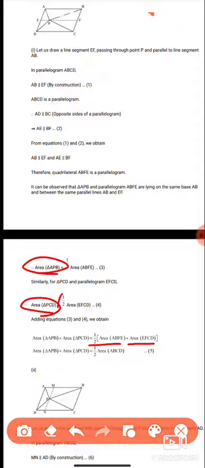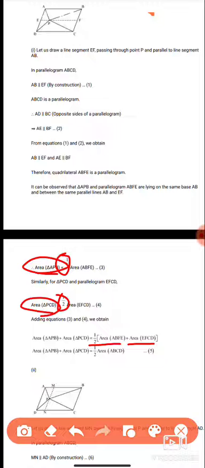The half is in both, so we have taken it out common. So area of triangle APB plus area of triangle PCD is equal to half of the area of ABFE plus the area of EFCD.